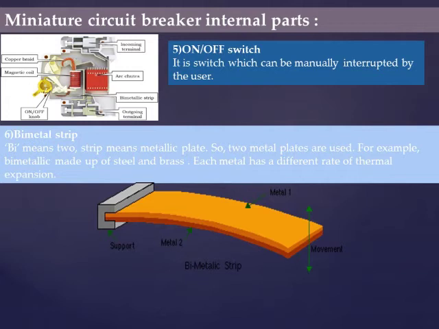Each metal has a different rate of thermal expansion. This concept of different rates of expansion can be beneficial for mechanical change. If we heat up the bimetallic strip, it will bend up or down depending upon the two metal strips and the way these have been joined.